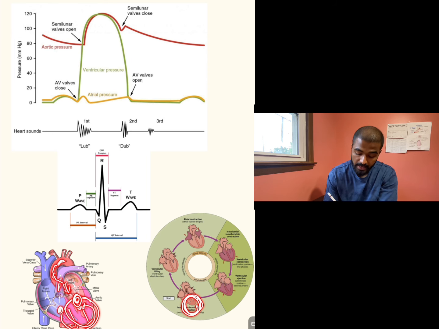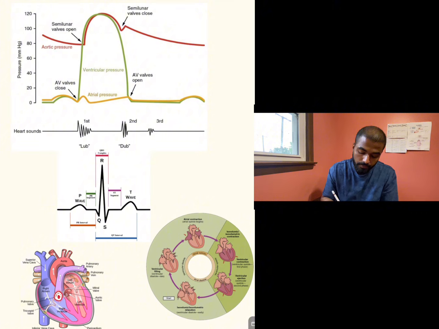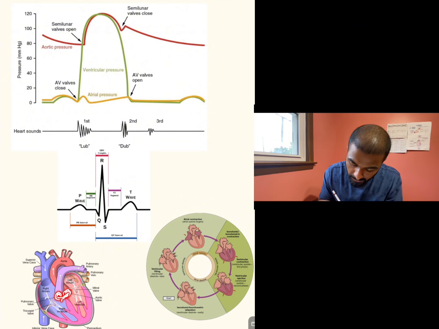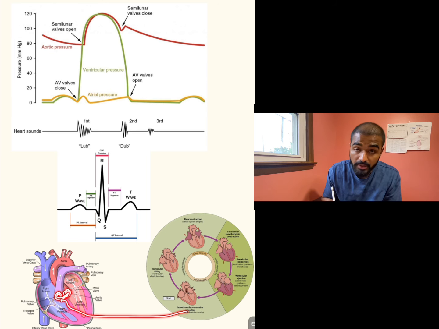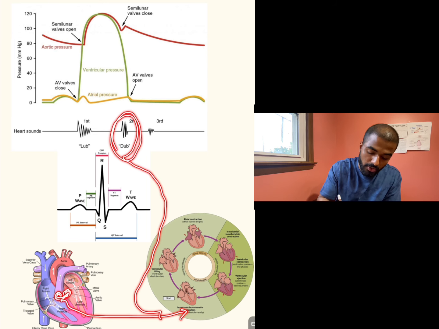To prevent that, the semilunar valves close, and the pressure changes make the valves close. So when the semilunar valves close, that's during ventricular relaxation, not complete relaxation, but partially relaxed. That's going to sound like dub. That's your second heart sound, which sounds like dub, and it's your diastolic heart sound.